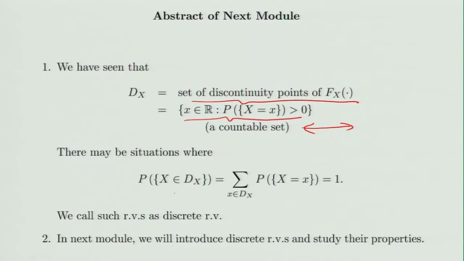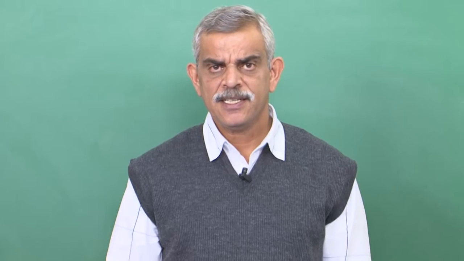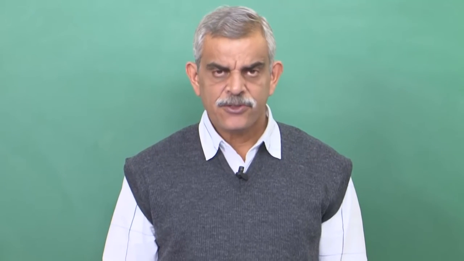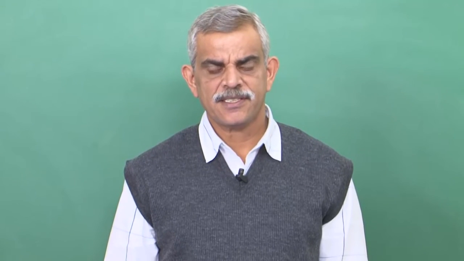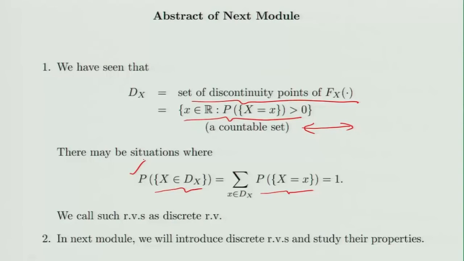Now there may be situations where probability X belonging to D_X is the same as 1. So that means there may be situations where the whole weight is given to discontinuity points in D_X, so this probability function P gives the whole weight, which is the weight 1, to the discontinuity points.